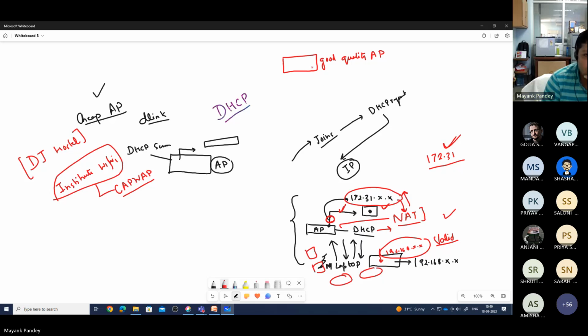So there is no NAT here, nothing. So what we have done for whole hostel, we have installed a DHCP server.